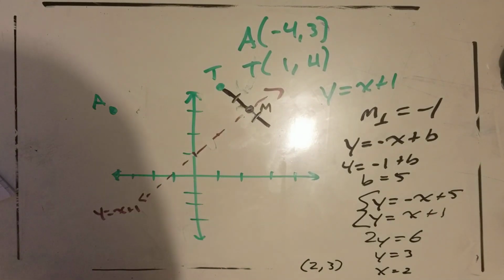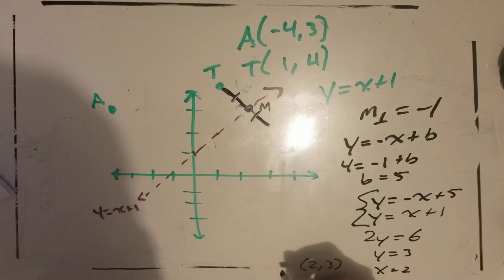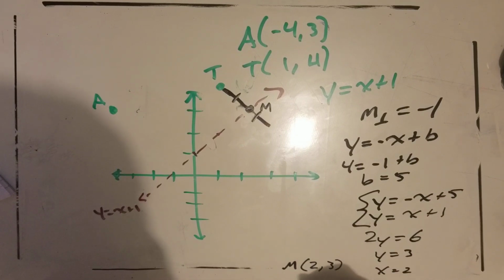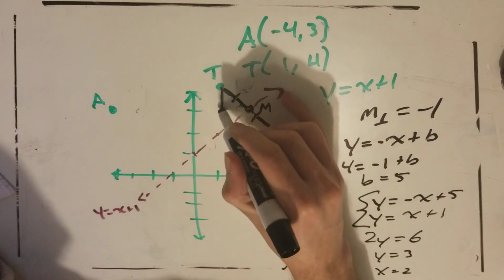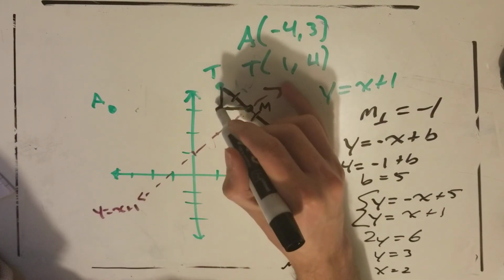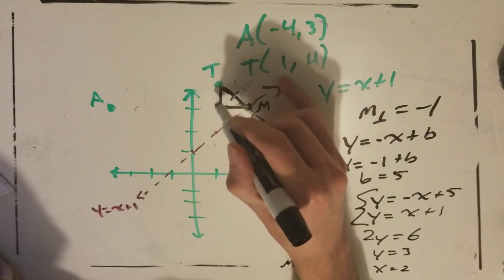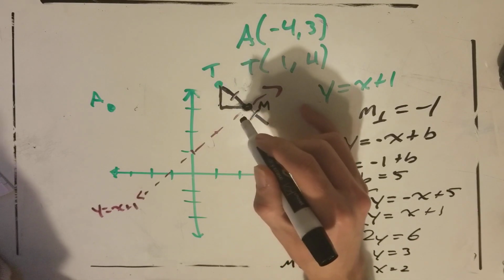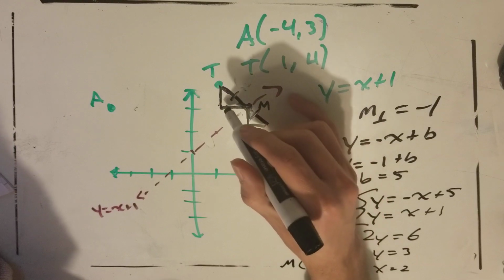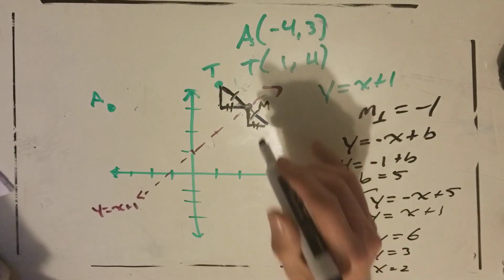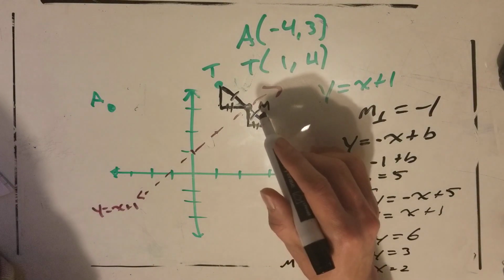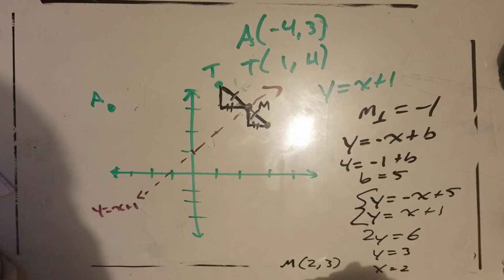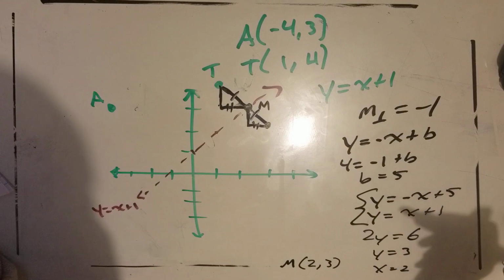So to find T prime, this is M, and I'm going to take point T. Because my coordinate plane isn't the best, normally I would make a little right triangle here, because you can count the horizontal and vertical change, and then make a congruent triangle right down here, and that'll tell you exactly where this is. But really what you're doing is saying M is the midpoint of segment T to T prime.